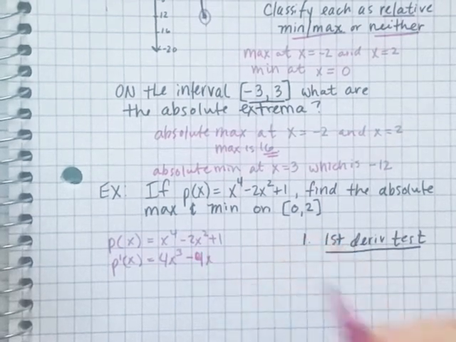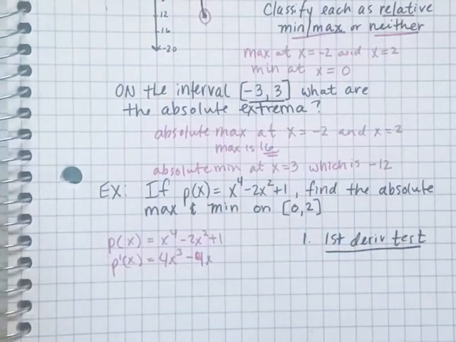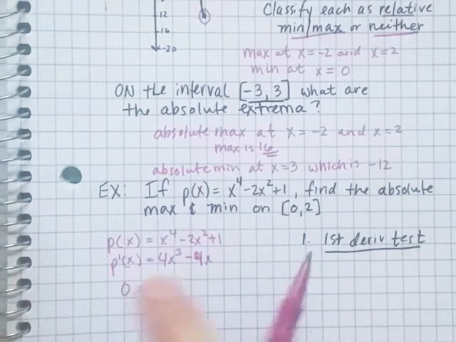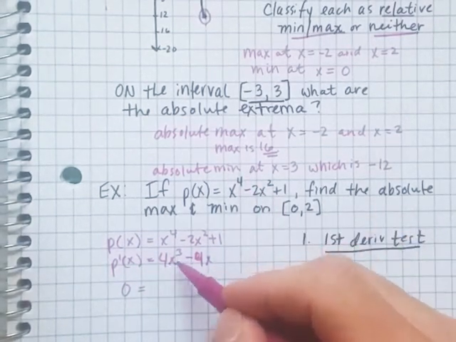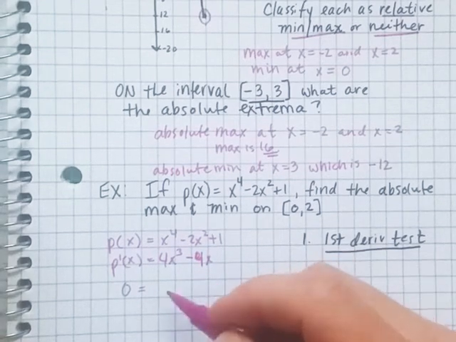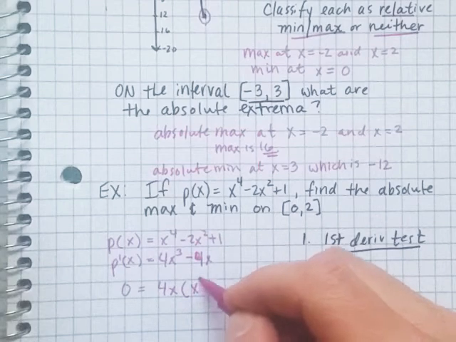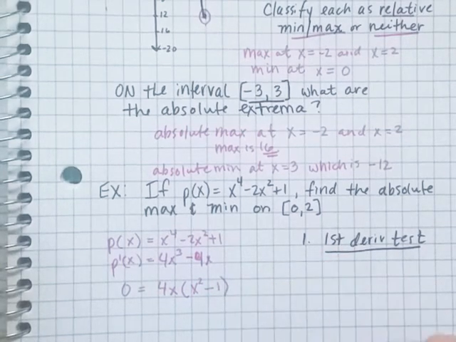Sorry, that's 4x. And we set that derivative equal to 0 to find those critical points. So right here, we're going to have to factor out a 4x. That's going to leave us with an x squared minus 1.